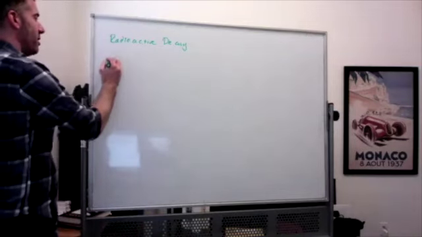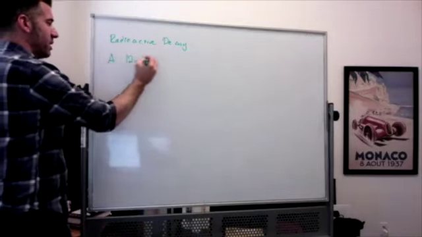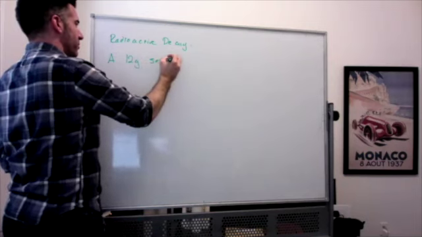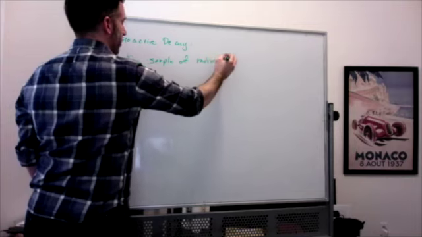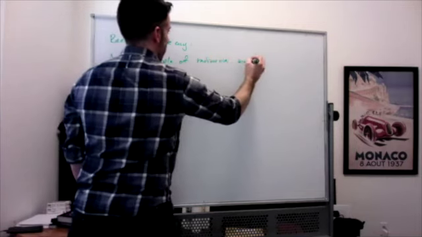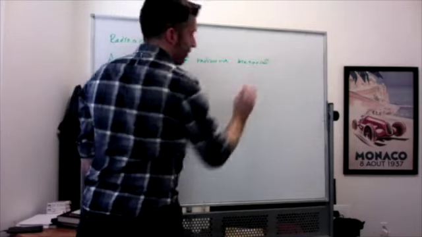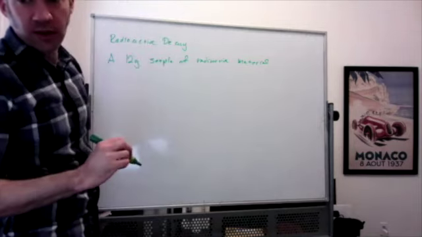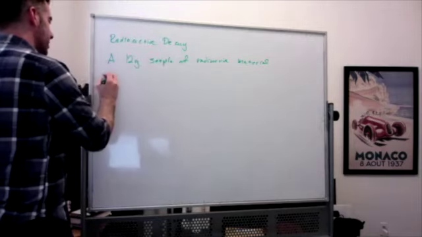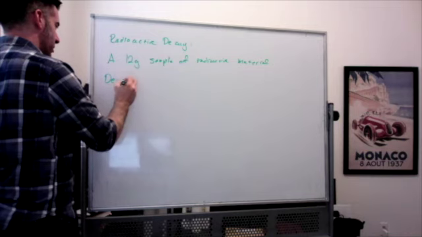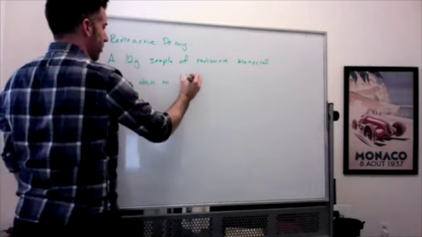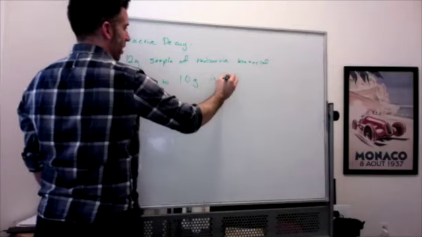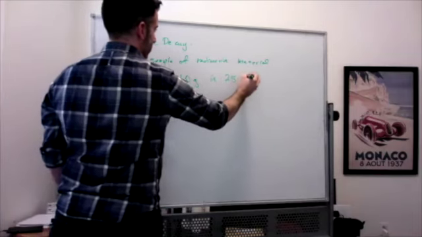Let's say we have a 12-gram sample of radioactive material. And we don't know its half-life, but we do know that it decays down to only 10 grams in a period of 25 days.